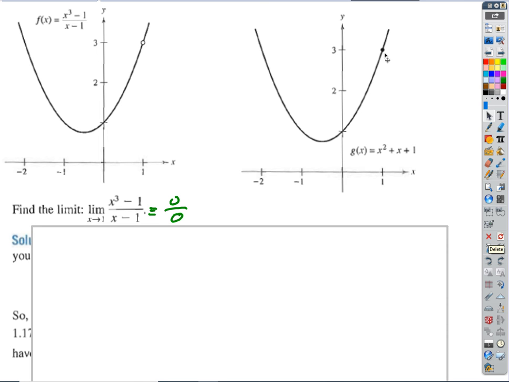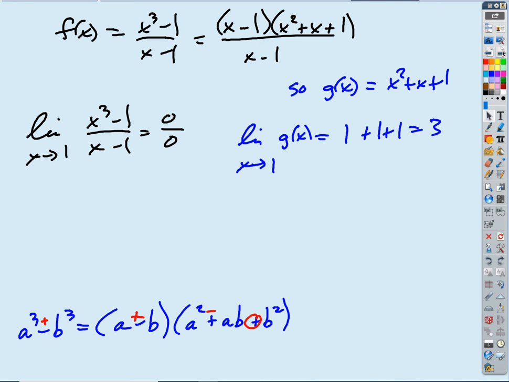So what does the calculus look like then? Because let's streamline this a little bit. We started off with f of x, we canceled the x minus 1s and created this new function that we're able to evaluate directly. Well, here's how you can show this and be correct in your work in terms of calculus.